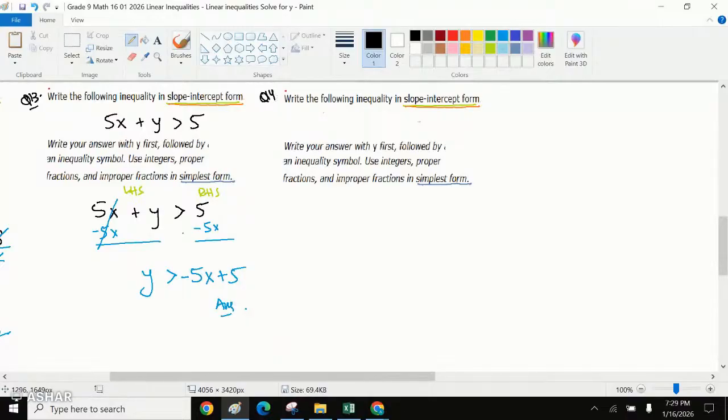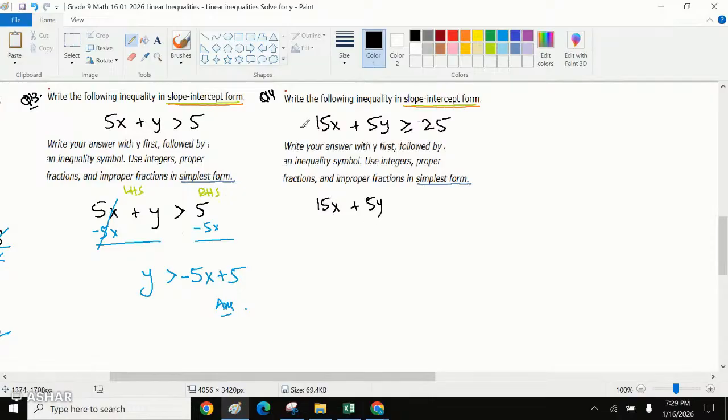Question number 14. If I say this is 15x plus 5y is greater than equals to 25. Okay. So we can see all the numbers given in this inequality are multiples of 5, right? So can we say 15x plus 5y?